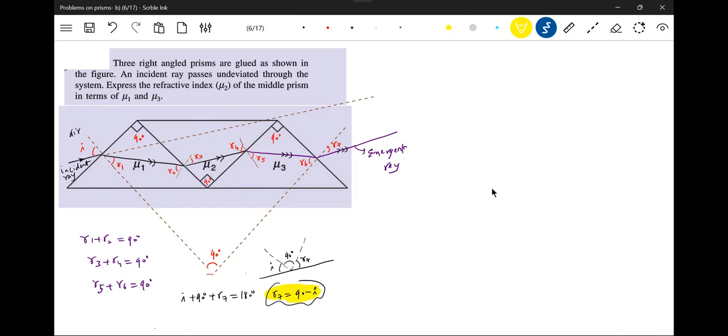Let's apply Snell's law at all the faces. So sin I equals mu sin R1. R1 I can write as 90 minus R2. So this will become sin I is equal to mu cos R2.